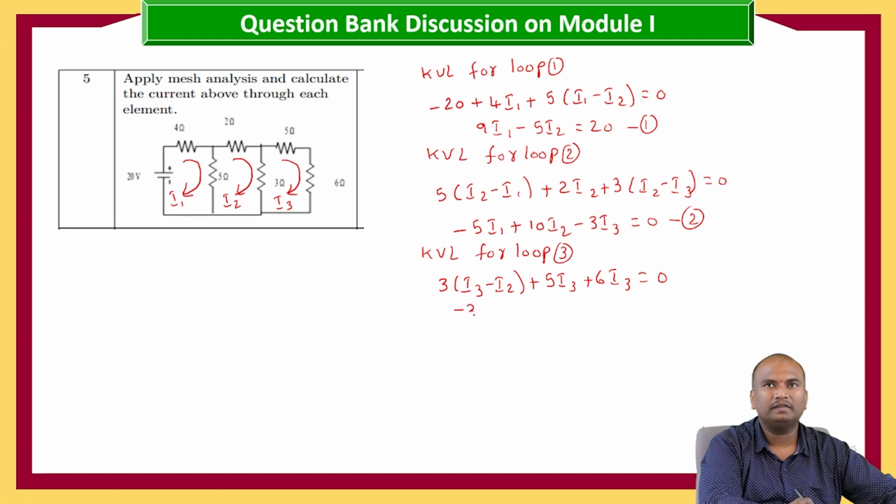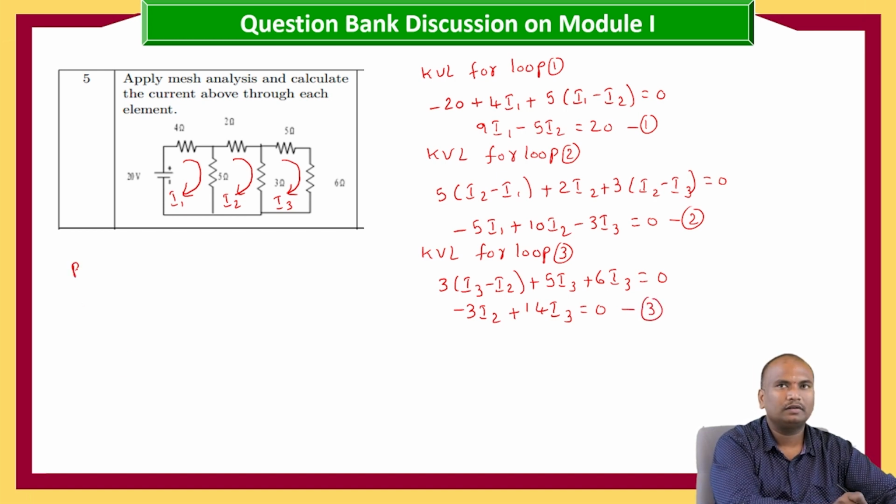Now it is minus 3 into I2 plus 5 plus 3, 8 plus 6, 14 I3 equals 0. This is our equation number 3. By solving equations 1, 2 and 3, we'll get I1, I2 and I3 values.